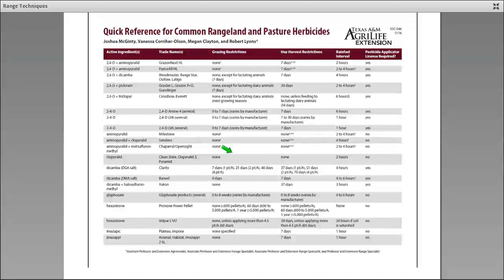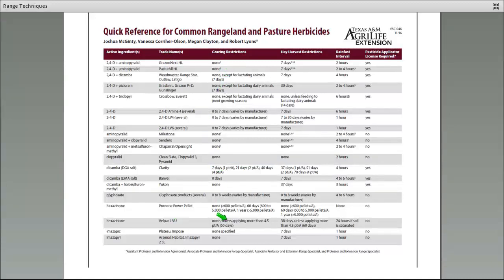This right here is a handy extension publication that was put out a couple of years ago that fits in very well with lots of the other application technology information that we are talking about. If you look, you will see lots of our common range and pasture herbicides.